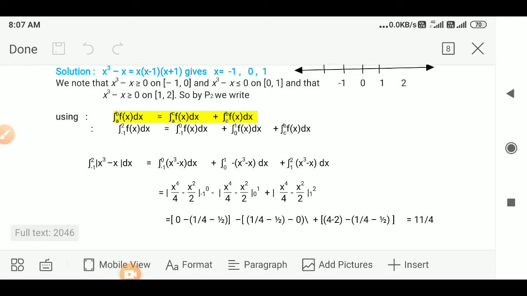Thus integral minus 1 to 2 of mod x cube minus x dx is equal to integral minus 1 to 0 of x cube minus x dx, positive, plus 0 to 1, in this the function is negative, so minus bracket x cube minus x dx, plus 1 to 2, again the function is positive, so we take x cube minus x dx.